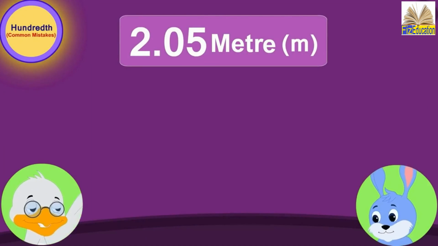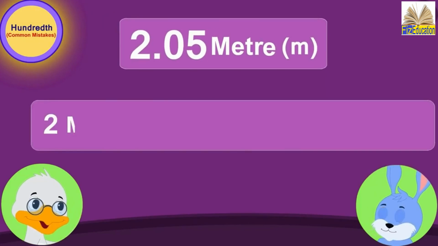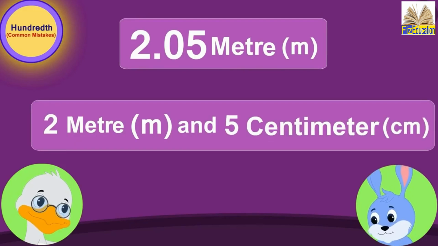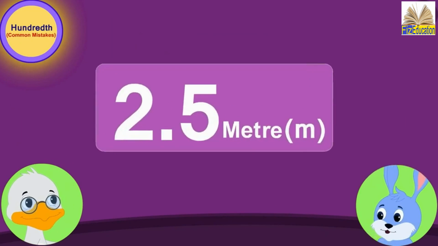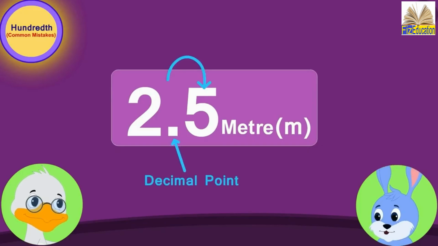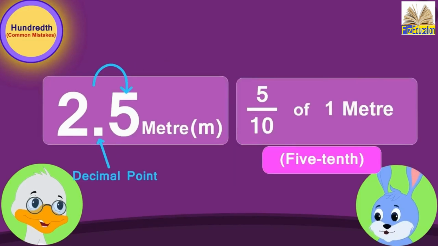In this way, 2.05 is equal to 2 meters and 5 centimeters. Now, in the same way, in 2.5 meters, the number after the decimal is 5 or the 5/10th part of a meter.